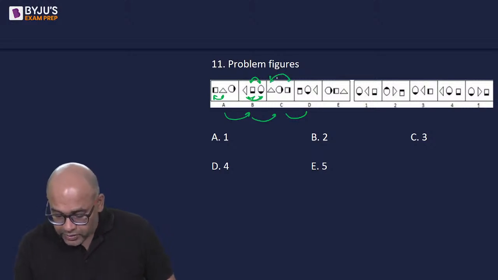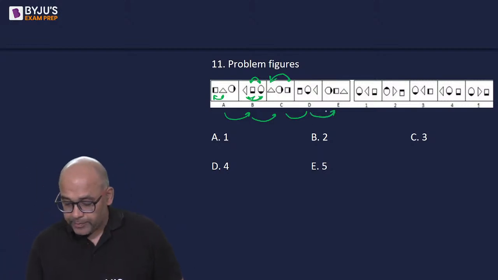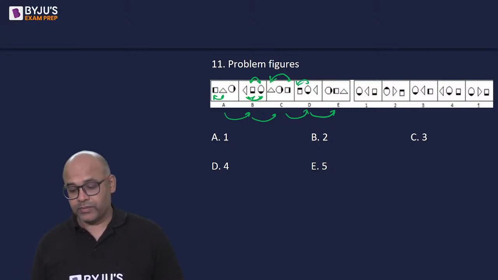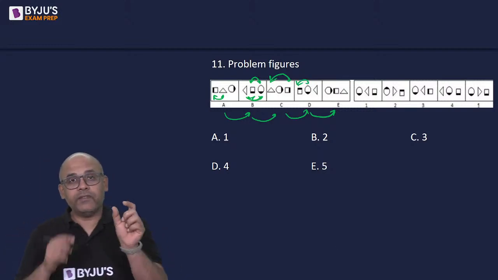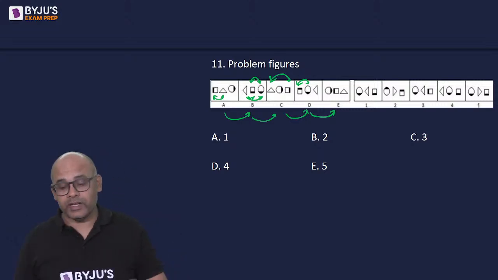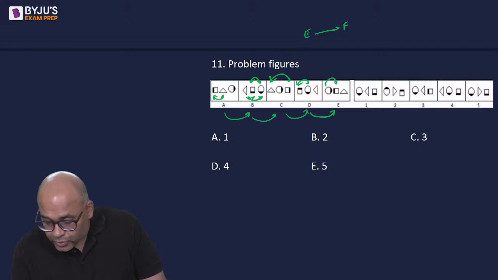These two got interchanged. Right? Now when I'm going from D to E, once again these two got interchanged. So basically figure 1, figure 2 interchange, then figure 2, figure 3 interchange, then figure 1, figure 3 interchange, then again figure 1 and 2 interchange. So if I go from E to F, then these two should be interchanged.